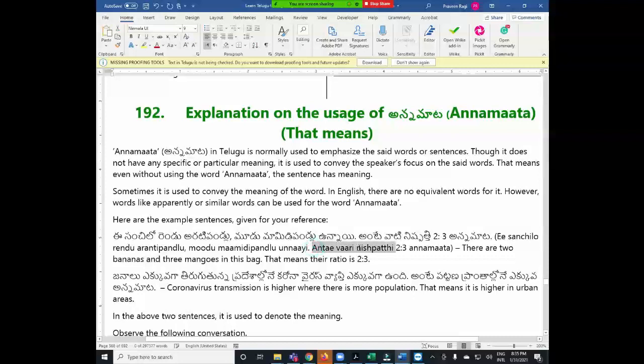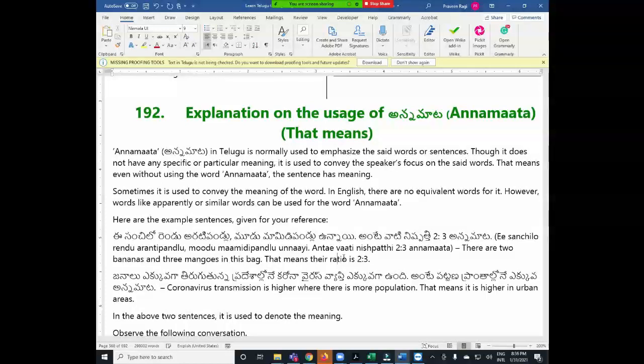అంటే వాటి నిష్పత్తి 2:3 అన్నమాట. Okay, so here, ante means that means, but annamata, there is no equal word in this sentence, but we use it to emphasize that is the matter or that is the thing we are repeating.